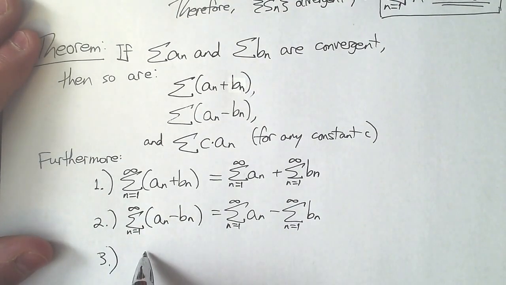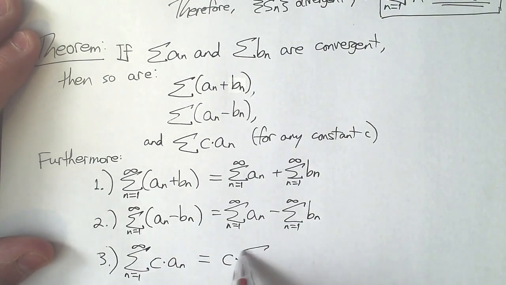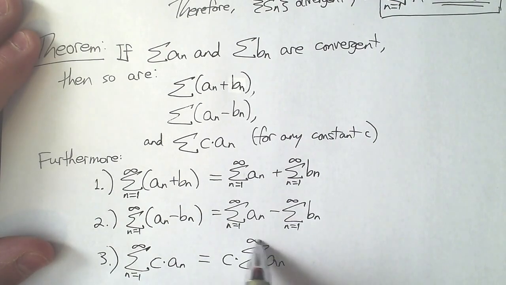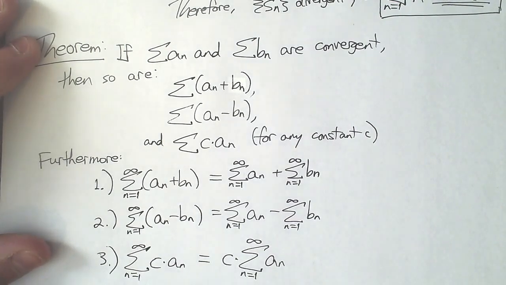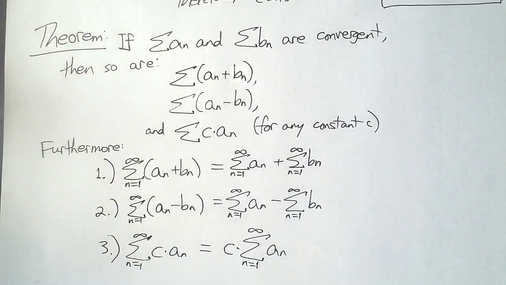And for the one with a constant, we want to say this. We want to say that you could pull the constant out front. All right, so ordinarily in math, when you have sort of a sum, you might bring a constant out of parentheses. And we're saying it's okay to do that sort of thing even with a series, which is an infinitely long sum. You can still factor out a c.